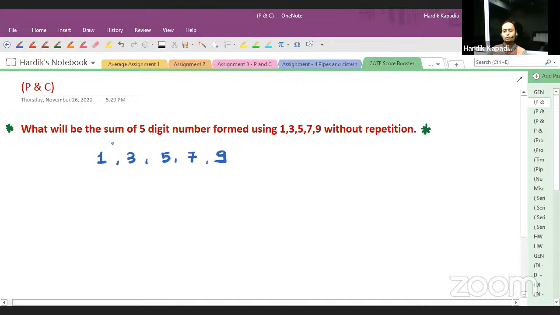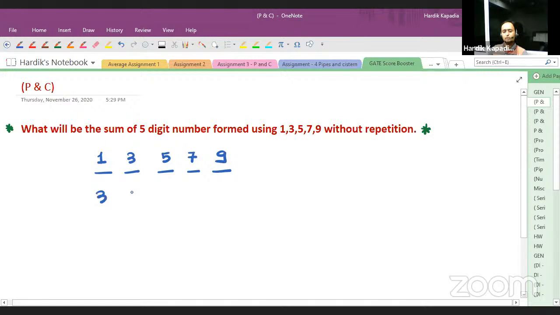Now, what is asked? You have to form a 5-digit number. Say 1, 2, 3, 4, 5. So this is a 5-digit number. 13,579. So this is one number. Now, how many 5-digit numbers can be formed without repetition?